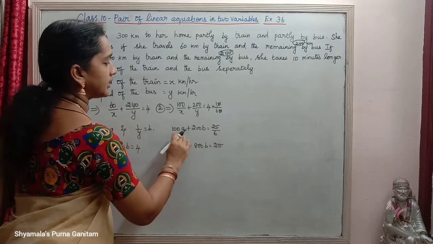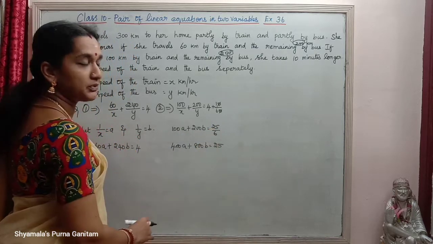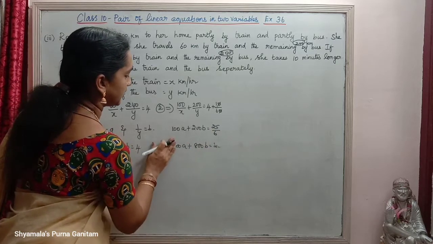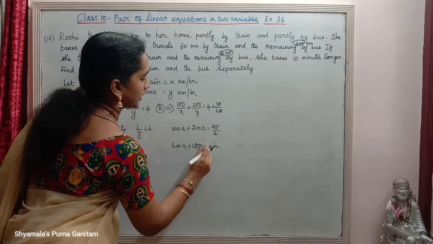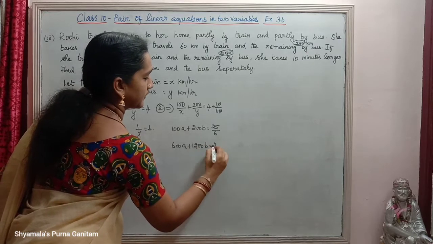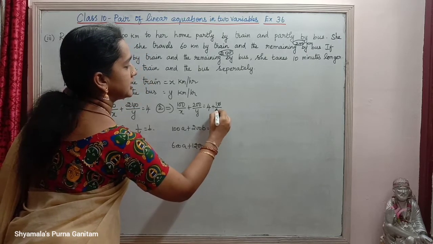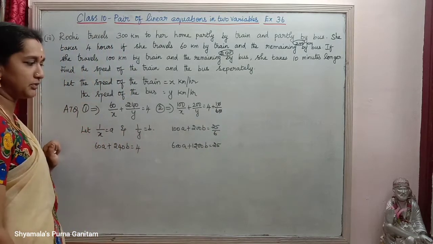So this is 100A plus 200B is equal to 25 by 6. Okay, denominator we are having 6 only. Okay, so it is 25 by 6.